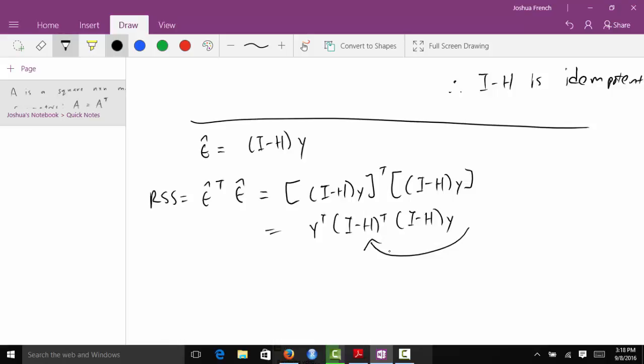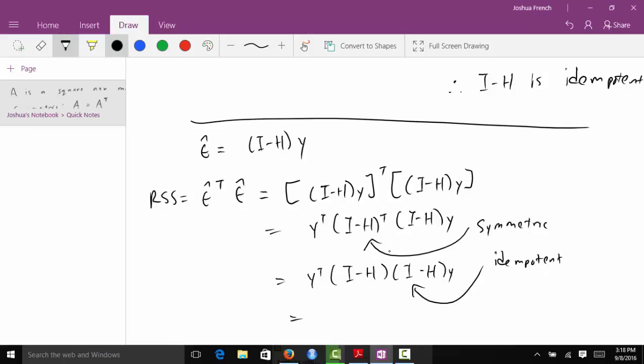But we have just proven that I minus h is symmetric, which means that I minus h transpose is just I minus h. And we have also just shown that I minus h is idempotent, which means that I minus h times I minus h is just I minus h. So we get y transpose I minus h times y, which is exactly what we wanted to show.